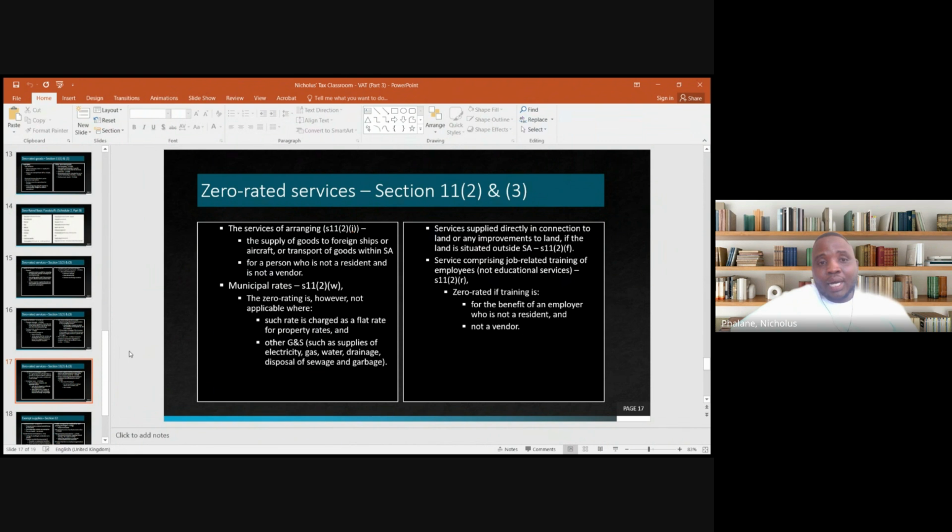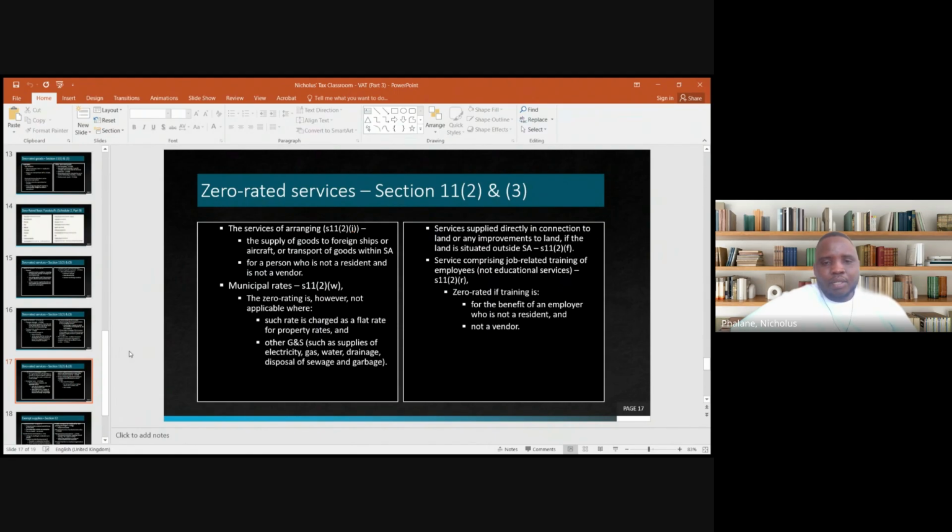Then municipal rates are zero rated in terms of section 11(2)(w), right? The zero rating is, however, not applicable where such rate is charged as a flat rate for property rates. So municipalities must ensure that they don't charge a flat rate.